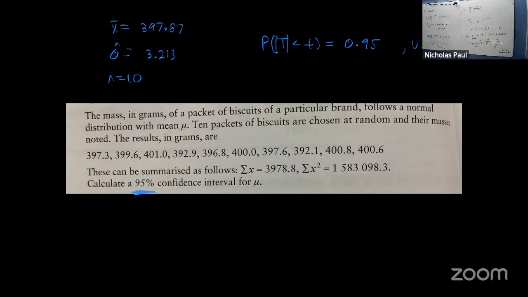Alright, let me check and see. So remember, sigma hat squared will be 1 over 10 minus 1 times what they give in the sum of squares, 158309.3, minus 397.87 all squared over 10.